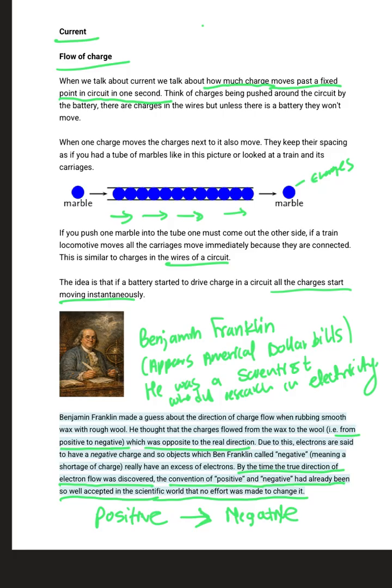But they later discovered that that is not true. Because it stood for many years, they ended up letting this be. And this, that they just allowed, that charges move from positive to negative, is what became known as the conventional current, the conventional direction.